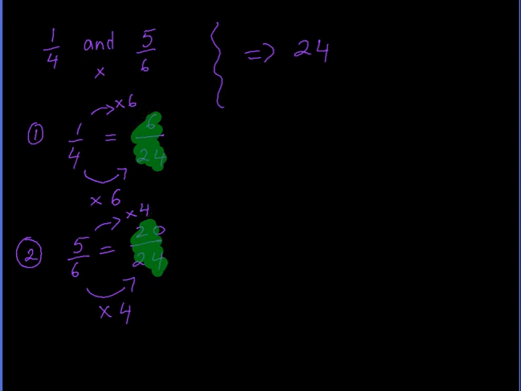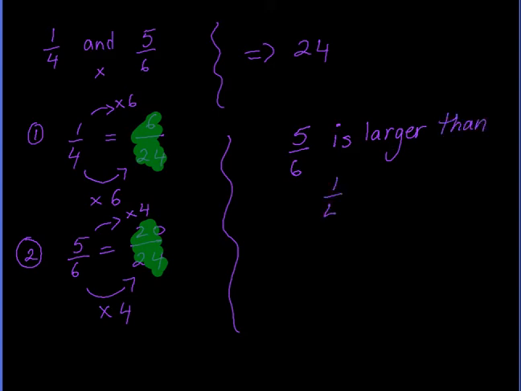So I can say that 5 over 6 is larger than 1 over 4. And if you want to use the other notation, you can say 5 over 6 is larger than 1/4.